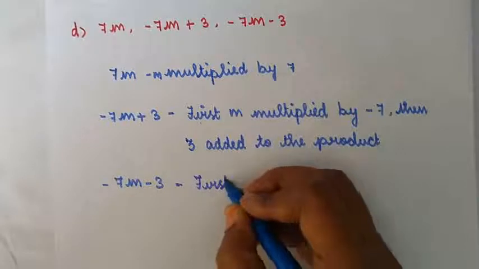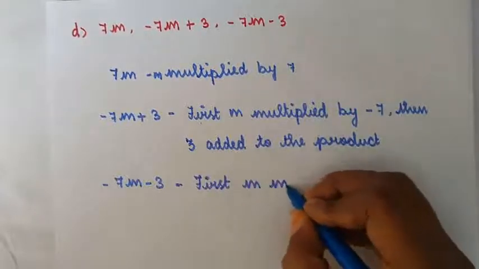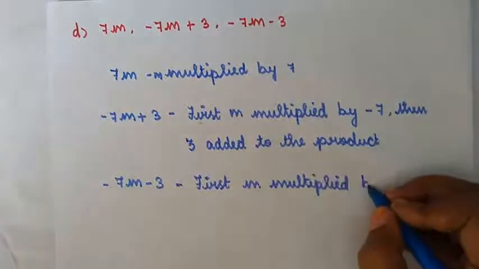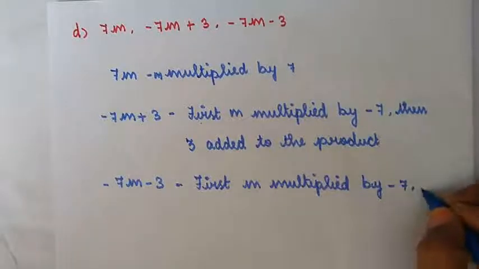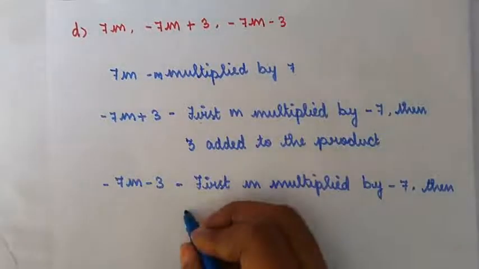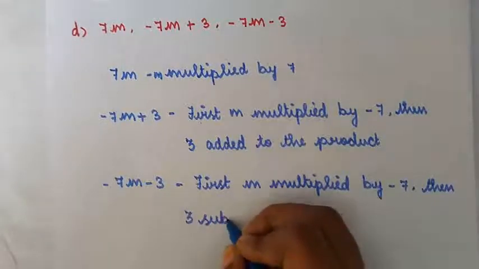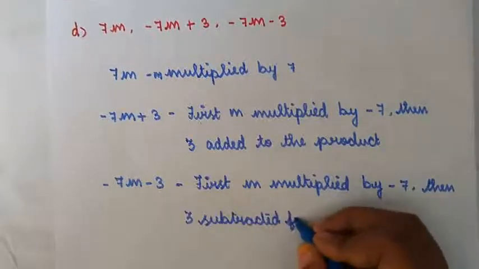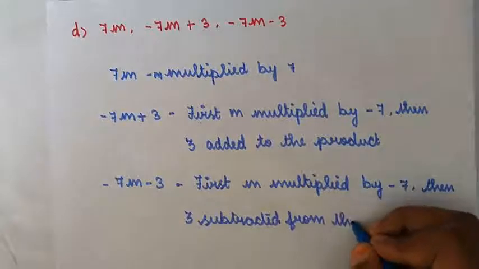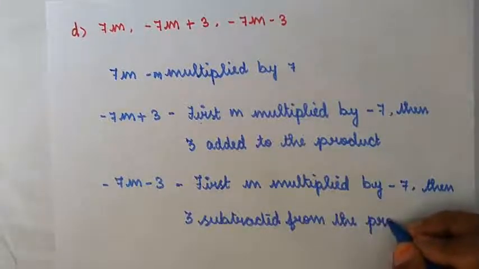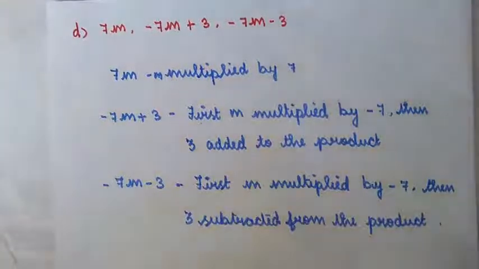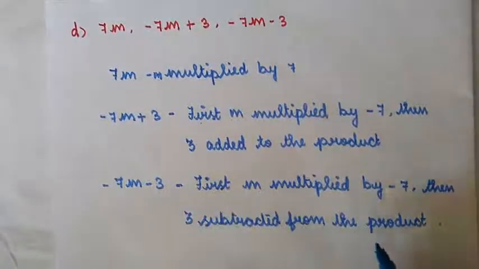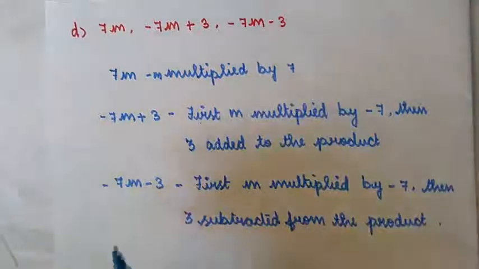So write m multiplied by minus 7, then 3 subtracted from the product. First m multiplied by minus 7, then 3 subtracted from the product minus 7m.